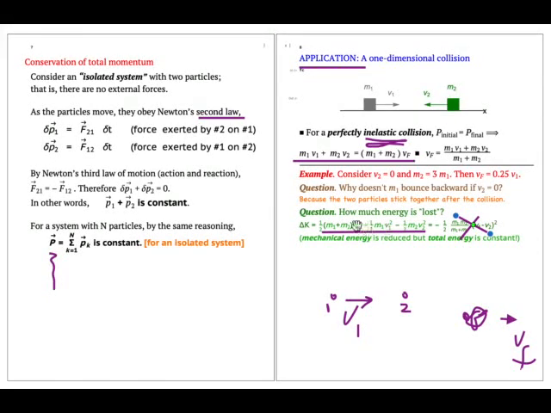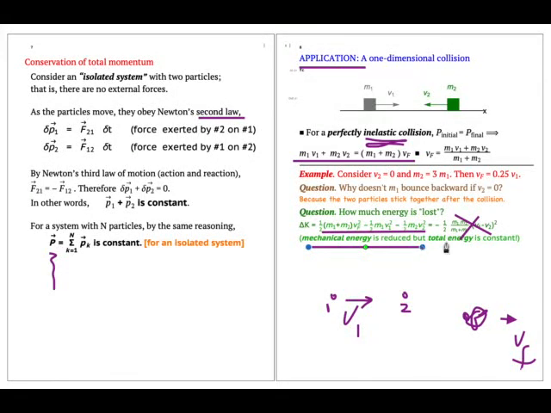So it's a step of algebra to simplify this, and you'll find that it's negative. So in an inelastic collision, where two particles stick together, mechanical energy is reduced. Kinetic energy in this case. There's no potential energy here.